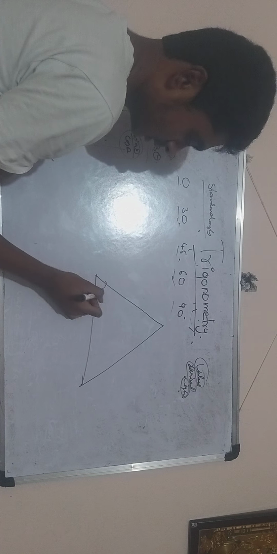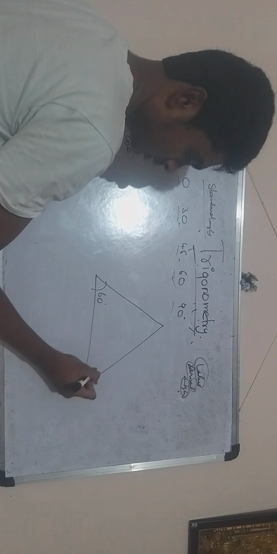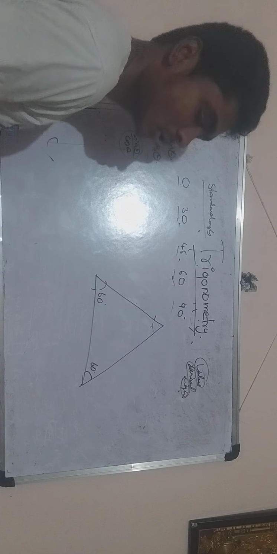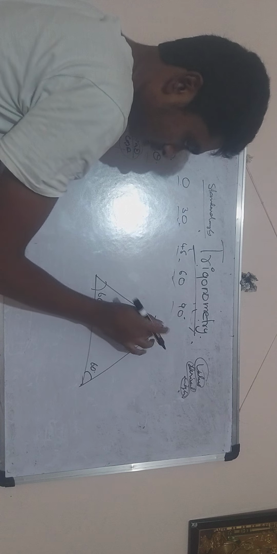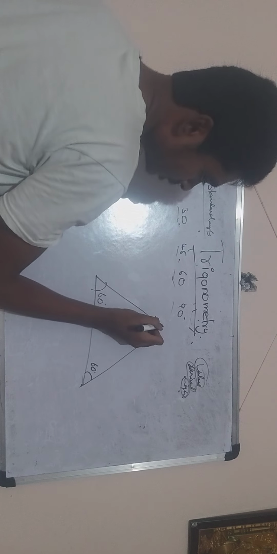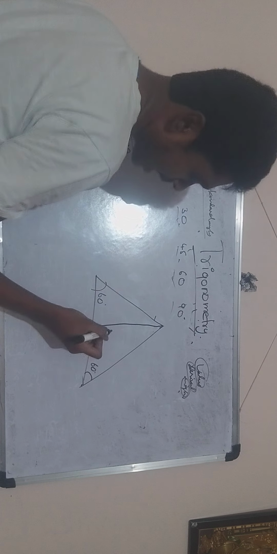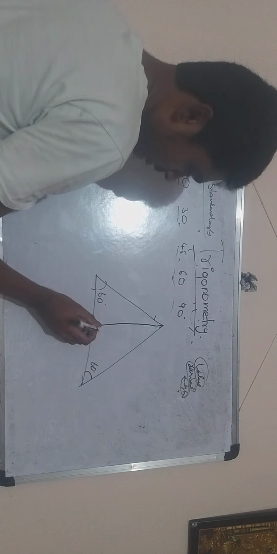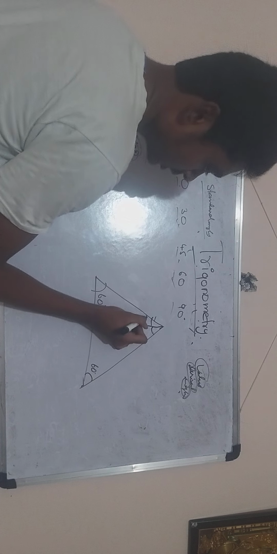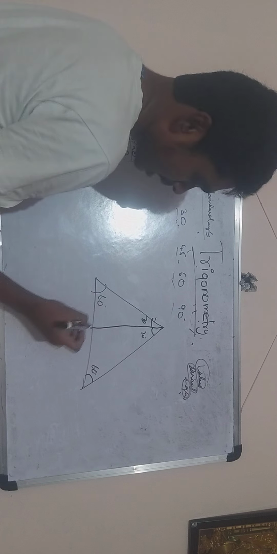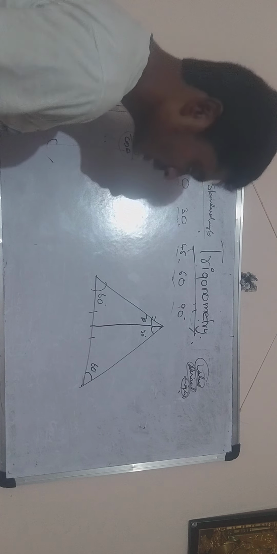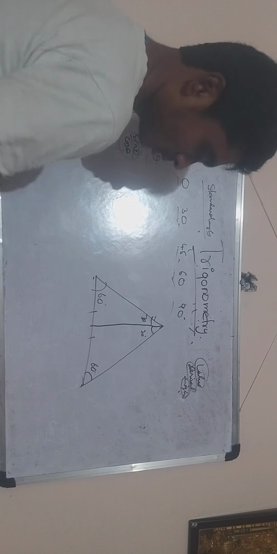So the angles are 60, 60, 60. I'm drawing a line which acts as a perpendicular bisector or an altitude, which divides the angle into 2 equal halves, and it also acts as a median, which divides this line into 2 equal parts.